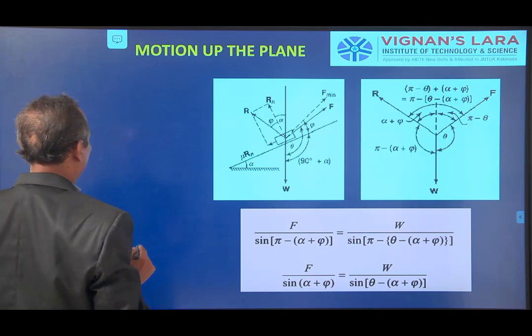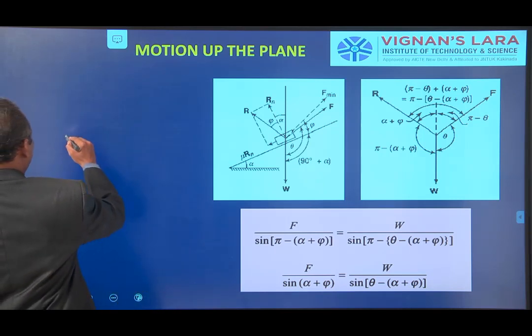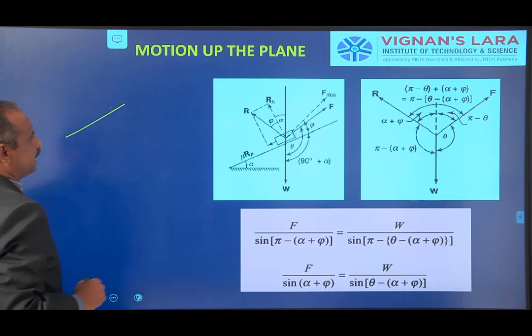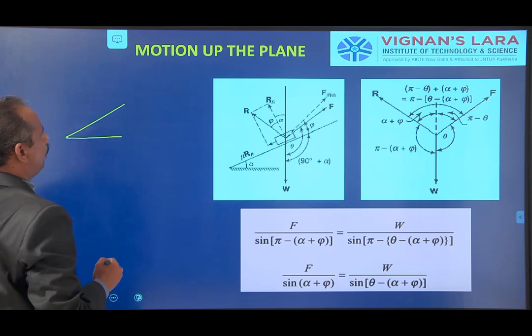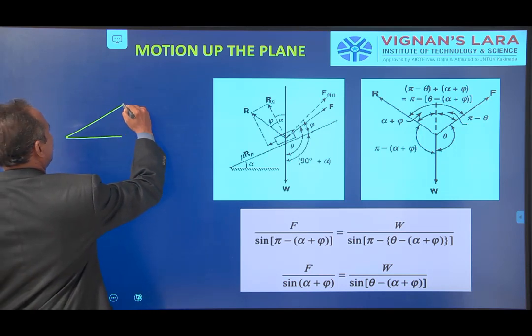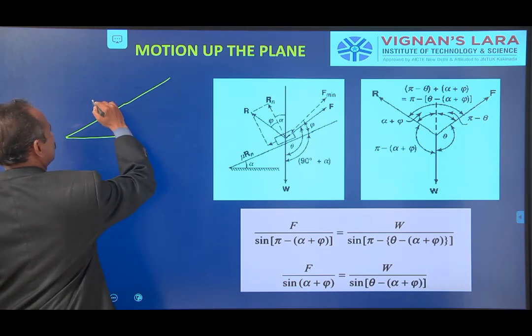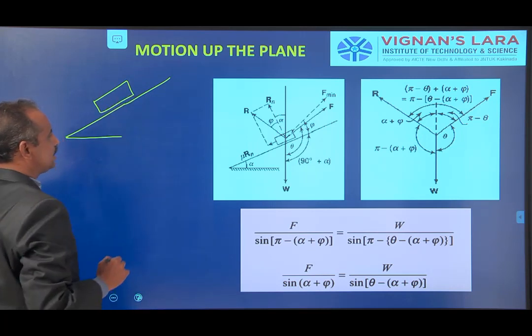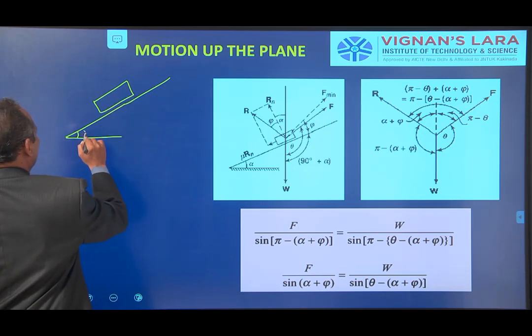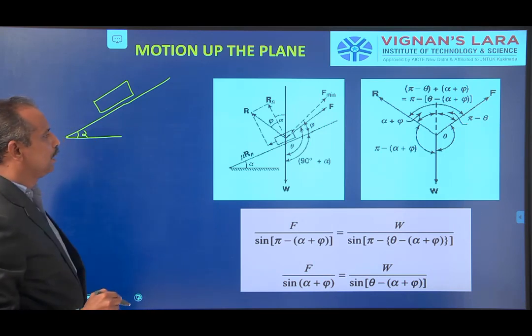But now I will take a case, same like an inclined plane. On this inclined plane there is a body which is kept like this, and this is making an angle alpha.